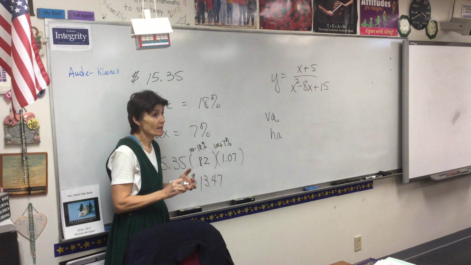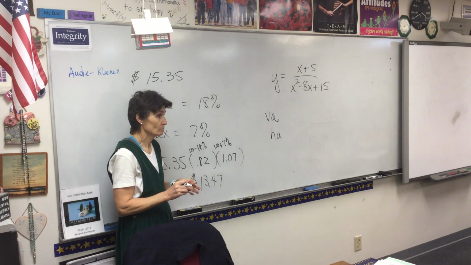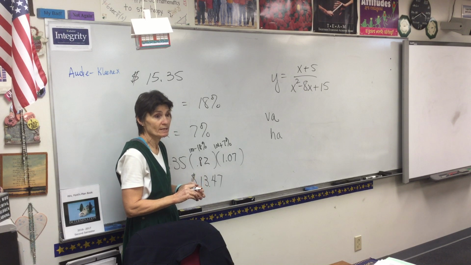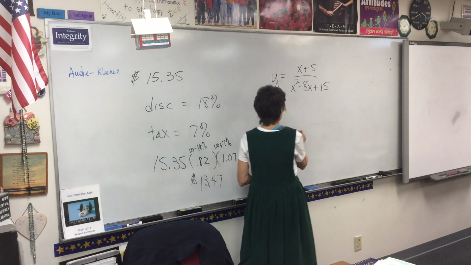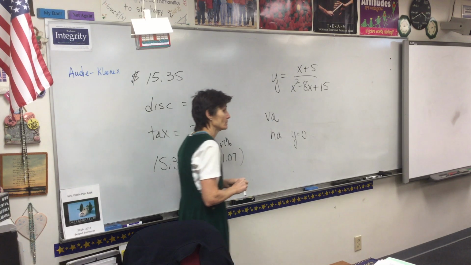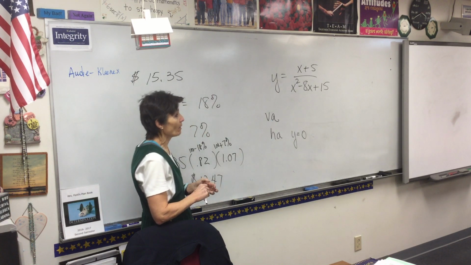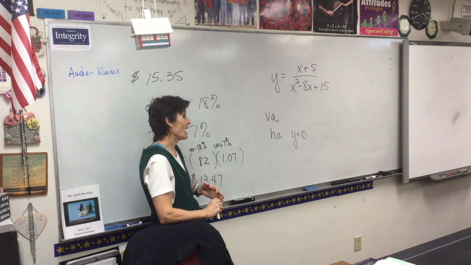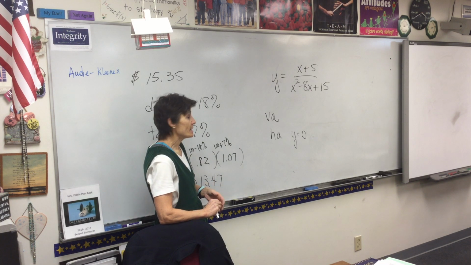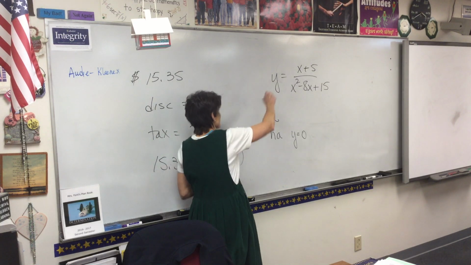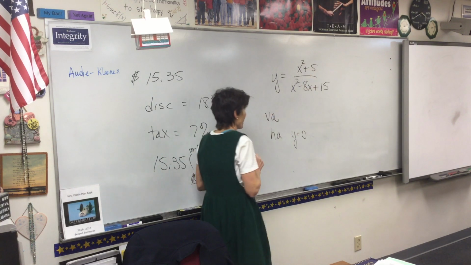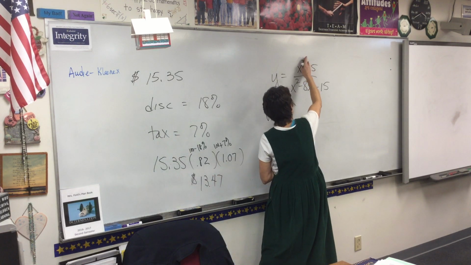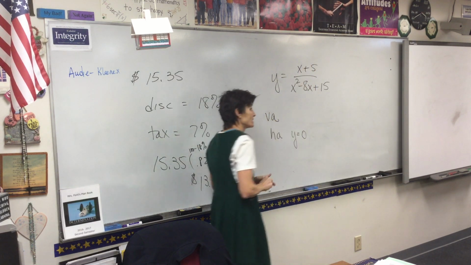When the power on top is smaller, in other words, the power on the bottom is bigger, that means your horizontal asymptote is at 0. If the power on top happened to be bigger, then you wouldn't even have one. If the powers match, so if this had been x squared plus 5 over x squared minus 8, then it would be 1. But they didn't match, the bottom was bigger, so that gives me a 0.